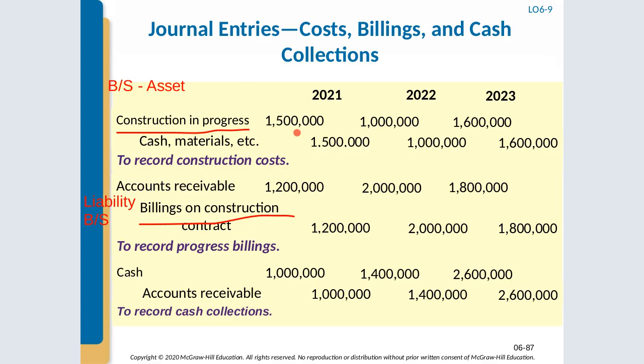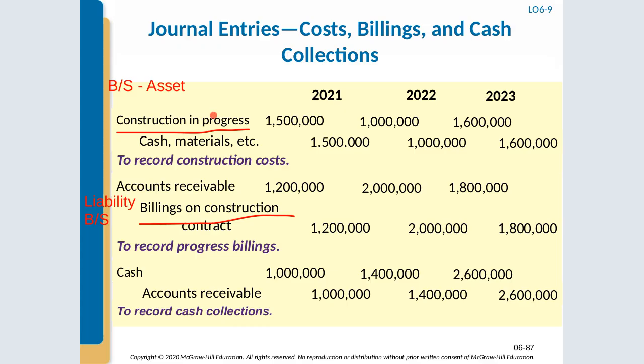Because this represents the monies that we are to collect or the work that we have performed. So in a way, whoever the customer is, that person is going to owe us that money, right? That person has an obligation to pay us for this work. All right, so this is the work that we have performed.